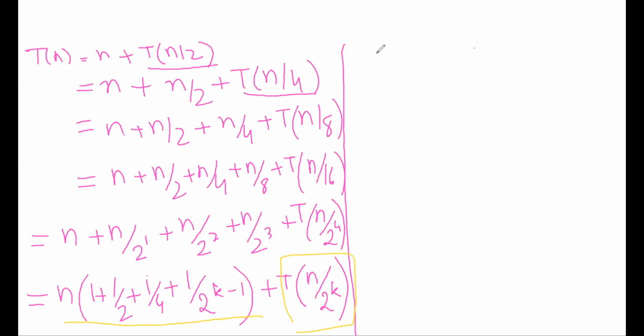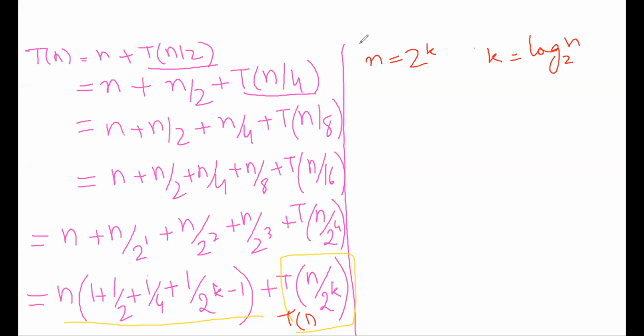So the base case is when n is equal to 2^k, which means k is equal to log n to the base 2. When n is equal to 2^k, this becomes T(1). T(1) is just, let's say, one step. We can just ignore it. It's not a polynomial or an exponential value.